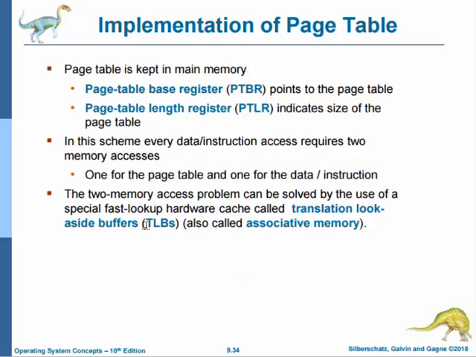The two memory access problem can be solved by the use of a special fast lookup hardware cache called translation lookaside buffers, or TLBs, also called associative memory.